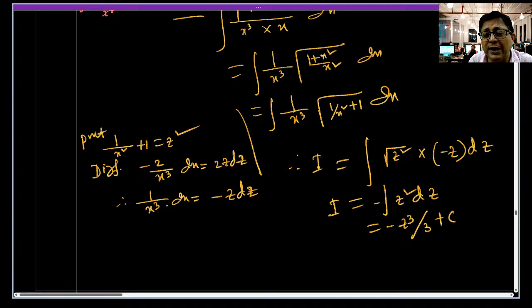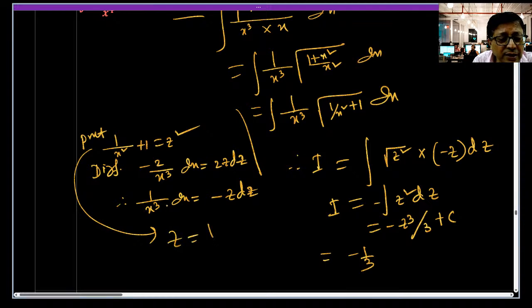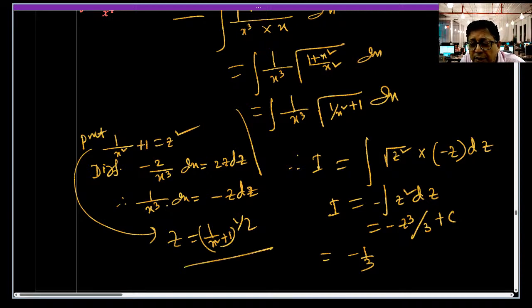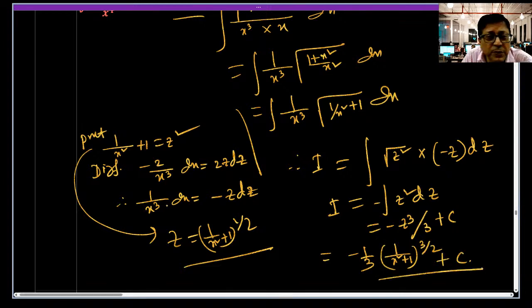Put the value of z over there. Z is what? From here. This to the power half. So this will be minus 1/3 into 1 by x square plus 1 to the power 3 by 2 plus c.